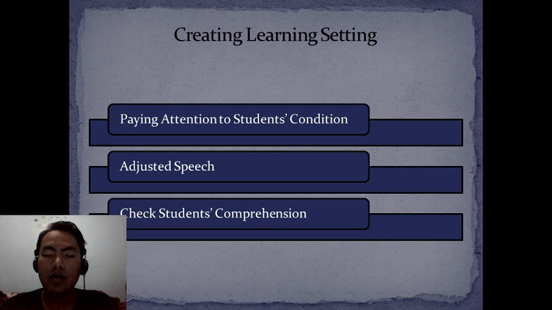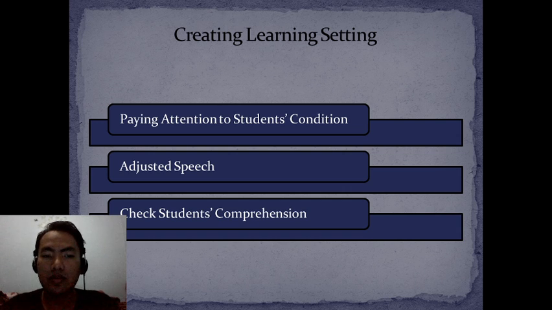And then if they are in less motivated condition or in exhausted condition, for example, after sport class, we can adjust the speed of our teaching speech to slow, so that the students can catch up and understand what we are trying to teach.